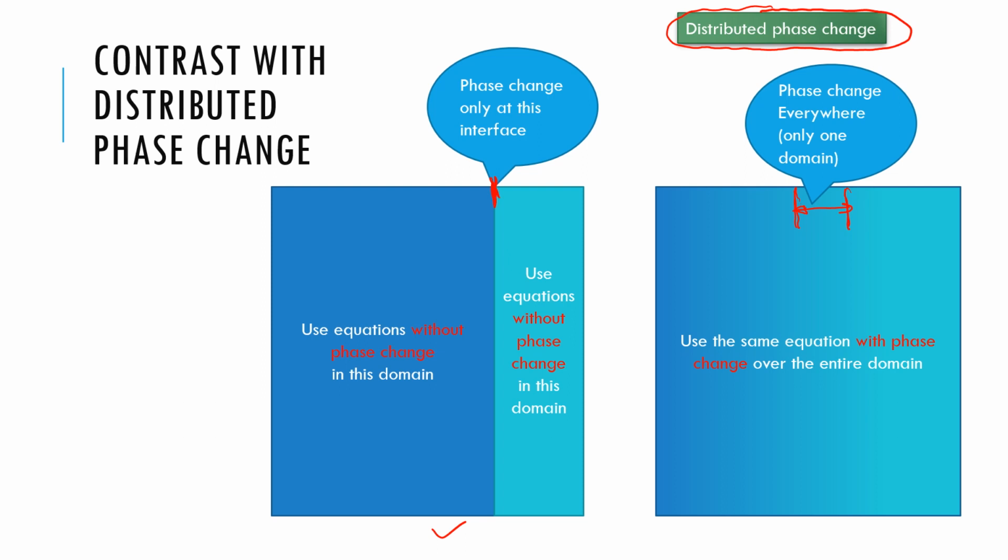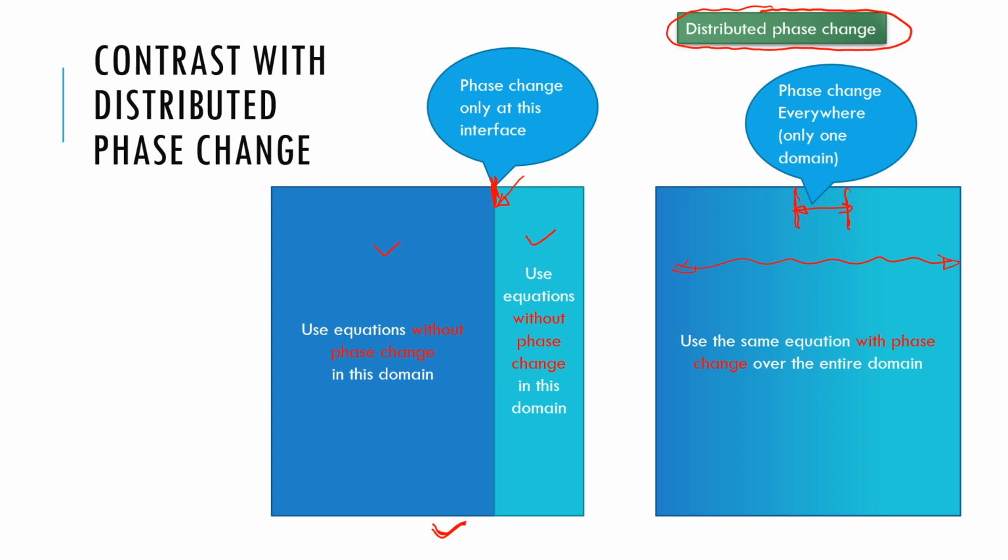So again, to contrast, here to the left for sharp boundary, we solve two equations for two regions and another equation at the interface. In contrast, here we solve just one equation over the entire domain. Now that may sound easy, but that also has its own complications.